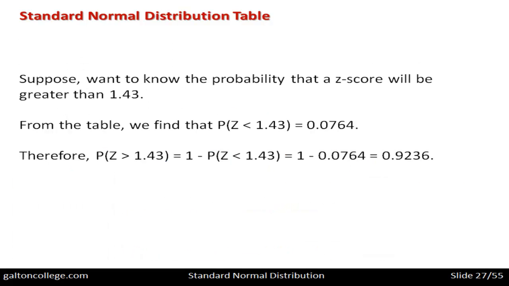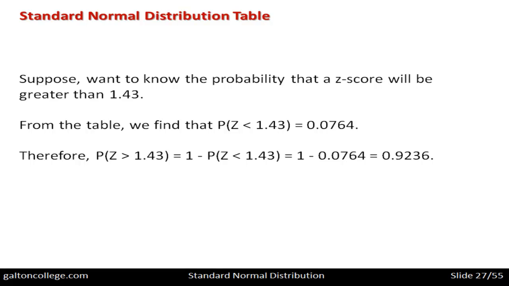Suppose we want to know the probability that a z-score will be greater than minus 1.43. From the table we find that the probability z is less than minus 1.43 is, as we've just calculated, 0.0764. Therefore, the probability of it being greater is just 1, which is absolute certainty, minus what we've just calculated.